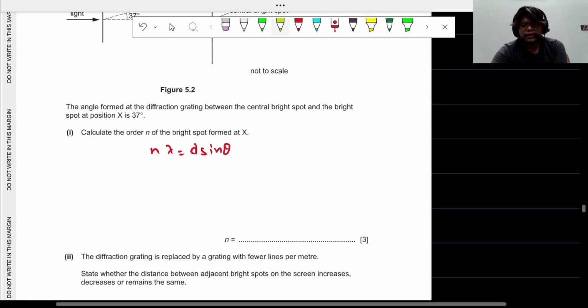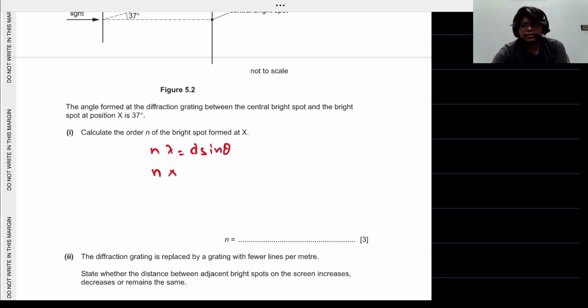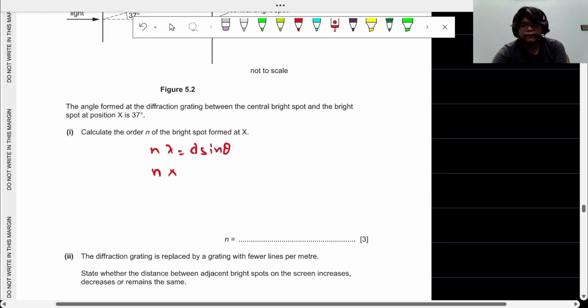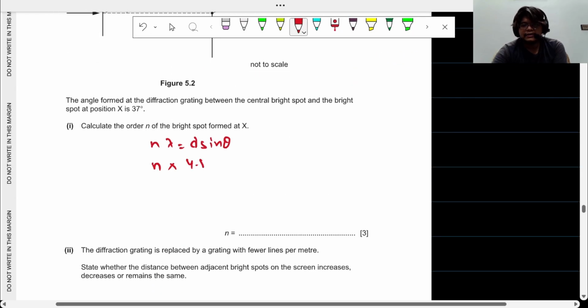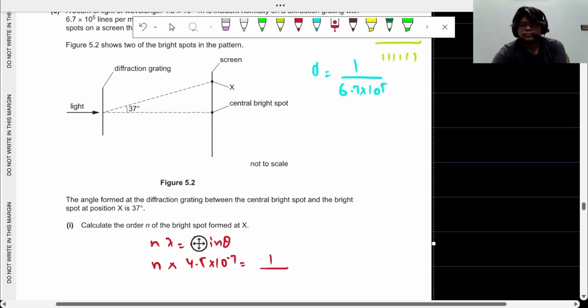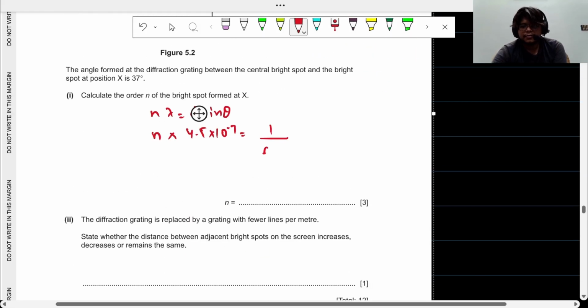Okay. So we need to find the order, that is n. We already know the lambda. The lambda here is 4.5 times 10 to the power minus 7. We know d is 1 upon 6.7 times 10 to the power 5.